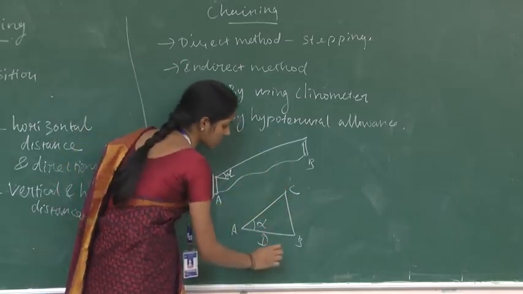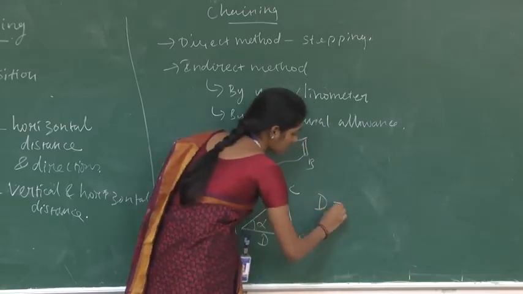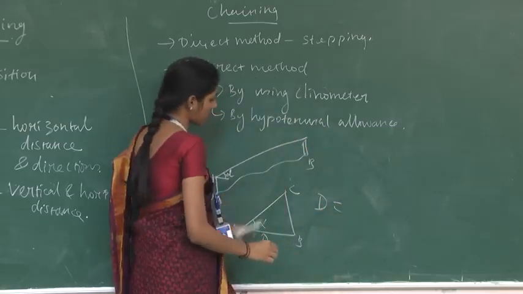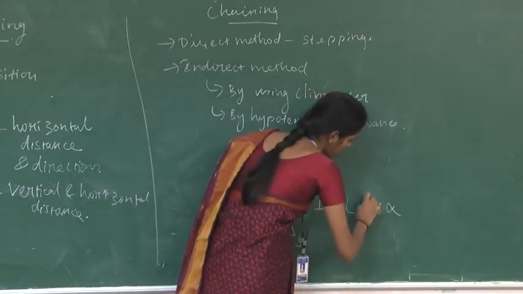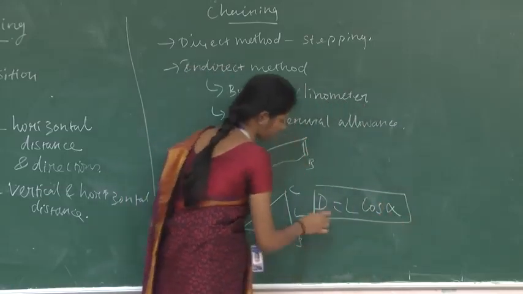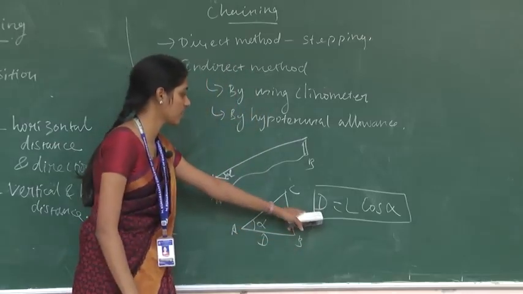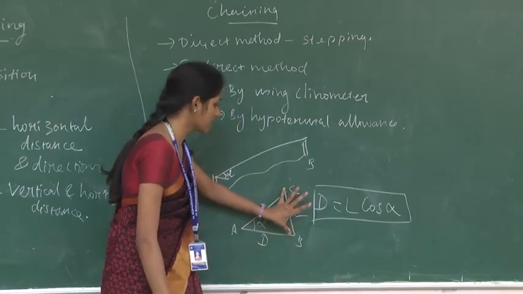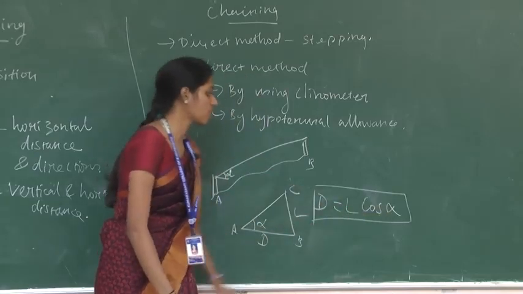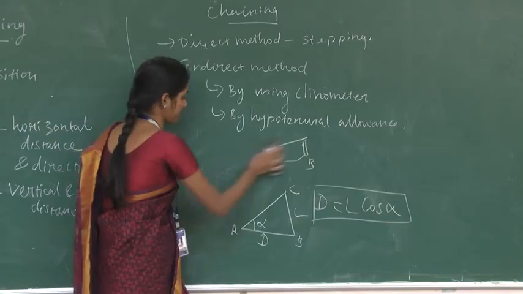You have to know the distance. Distance D is equal to the slope length L into cos alpha. With this we can measure the horizontal distance, which means the slope length L into the cosine of the angle.